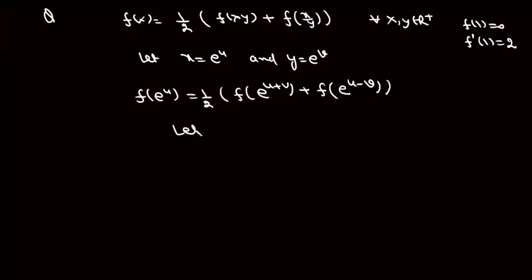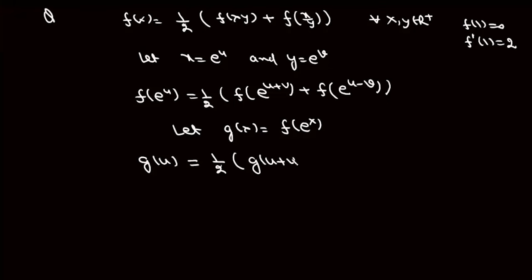Now we'll assume a function g(x), which is f(e^x). So we can write g(u) will be 1 by 2 [g(u+v) + g(u-v)] for all u, v greater than 0. Now this is Jensen's midpoint equation.